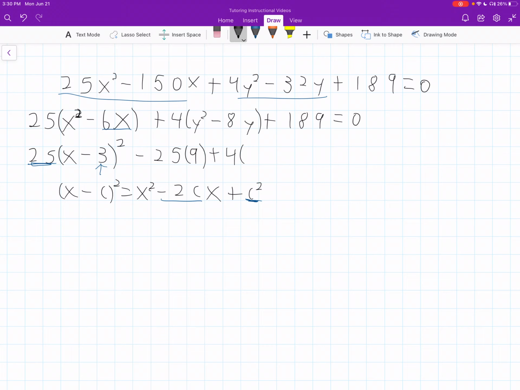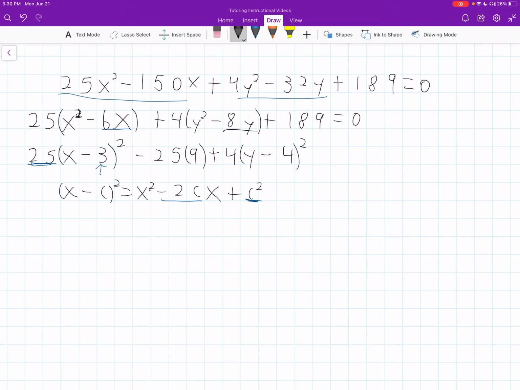And then we're going to use a similar tactic for the y's. So if I want to square what I have inside, just pretend that's a minus 2cy term. I clearly need c to be 4. Right, because then that will give me minus 2 times 4y, or minus 8y, as we have up here.